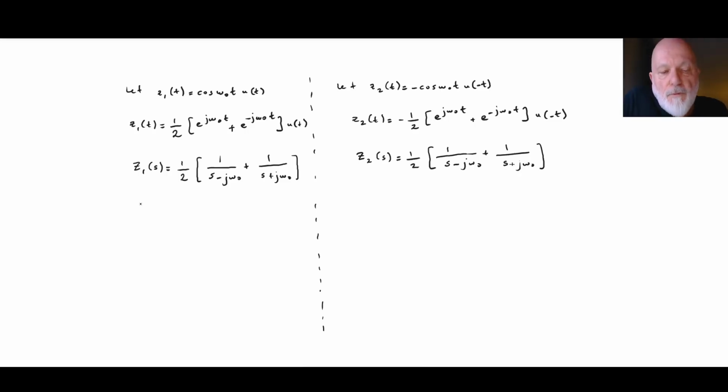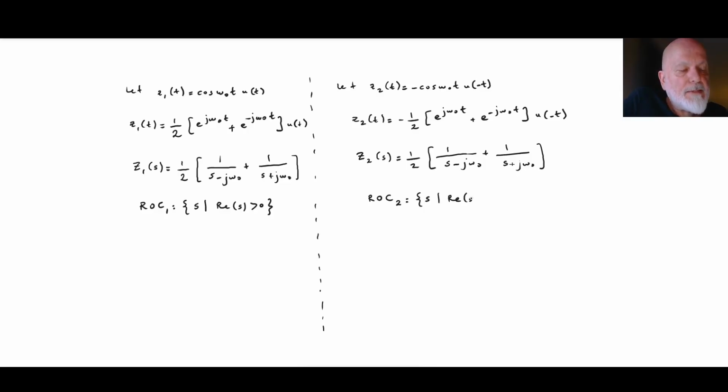And the region of convergence here will be all those s such that real part of s is positive. And here the region of convergence is all those s such that real part of s is negative. Okay, very similar to what we have done for the previous cases. Okay, z1 of s can be simplified as follows.